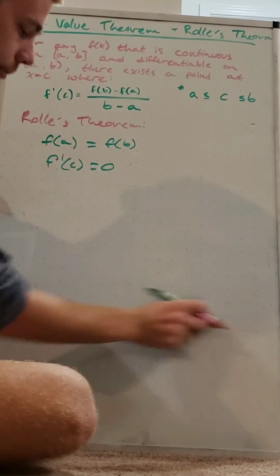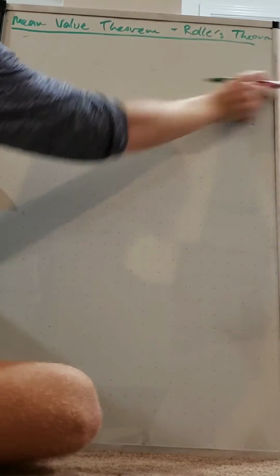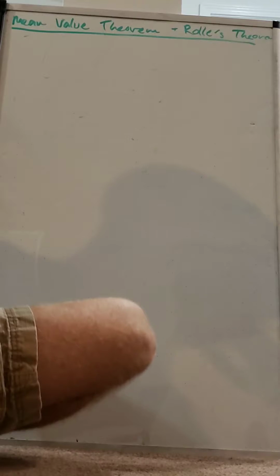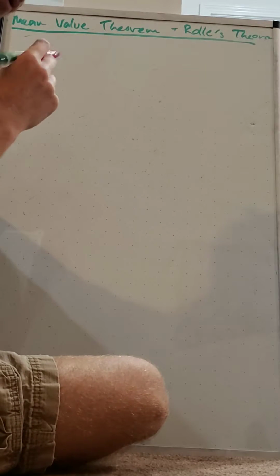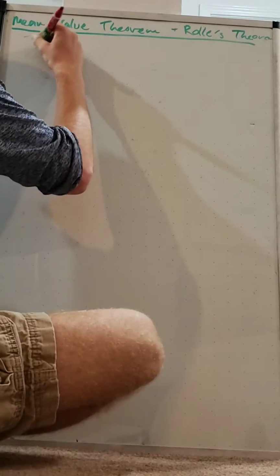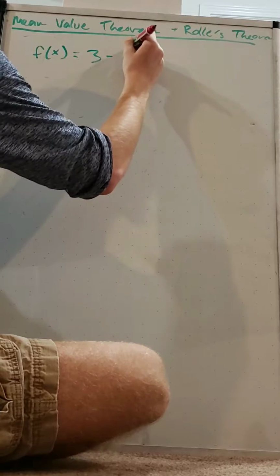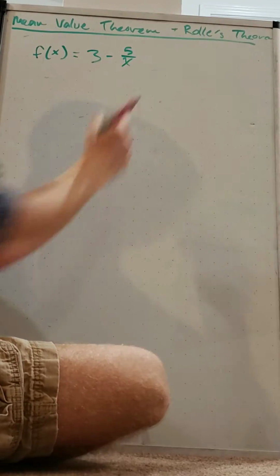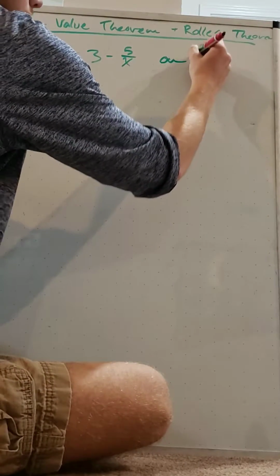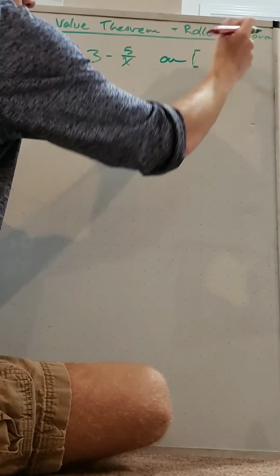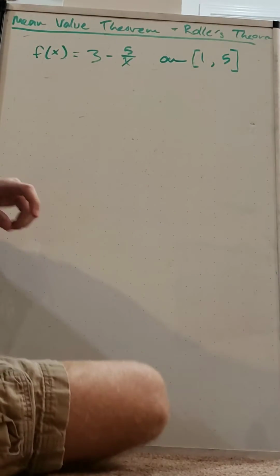So let's go through a couple examples. Okay, so given f of x equals 3 minus 5 over x on the interval 1 to 5, right?